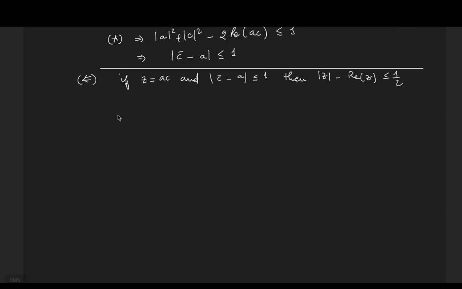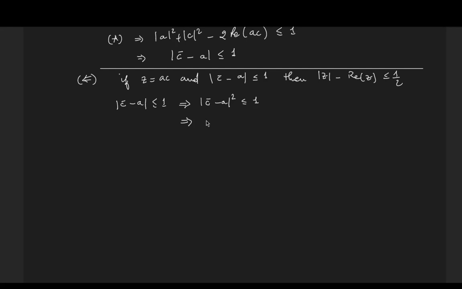So this part, |c̄ - a| ≤ 1, is equivalent, in fact, to |c̄ - a|² ≤ 1², since everything is positive.